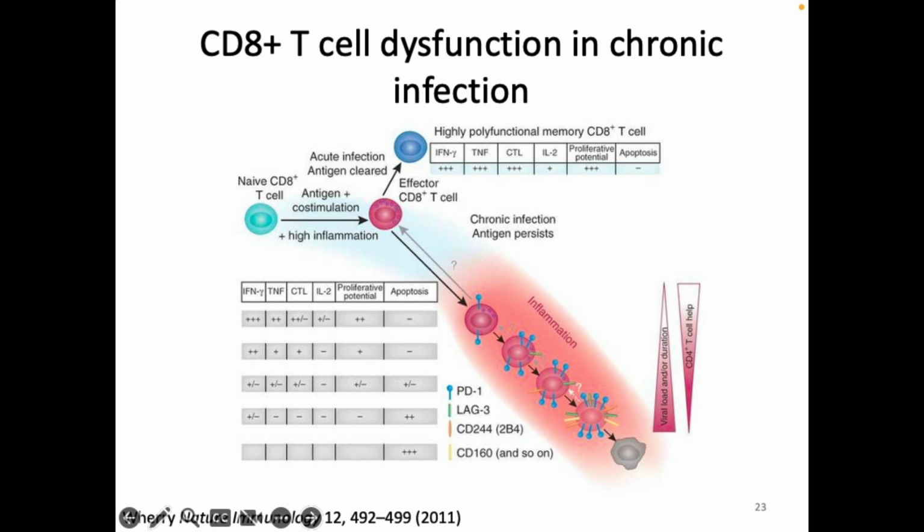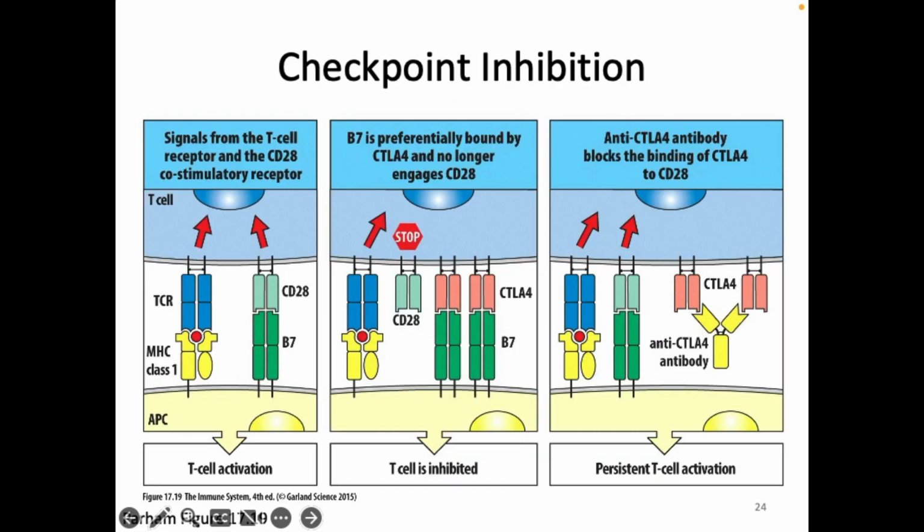The reason why I mention all of this is that it's like 5 years ago now. It feels like it just happened. There was a Nobel Prize given for the discovery of something called checkpoint inhibition. I remember when the checkpoint inhibition papers came out, where we realized that if we inhibit CTLA4 or PD-1 using an antibody, we can keep T cells from getting exhausted. We can keep T cells from getting turned off.